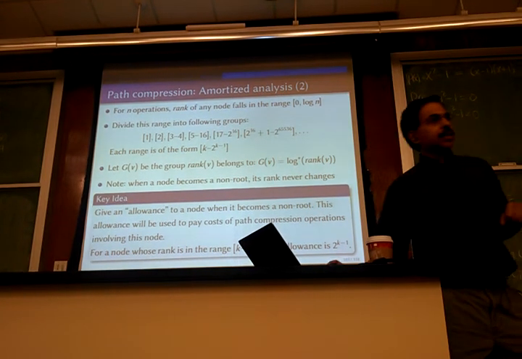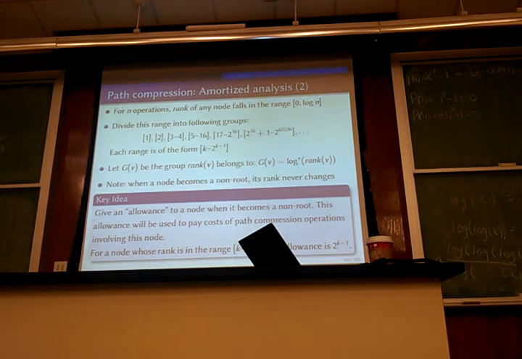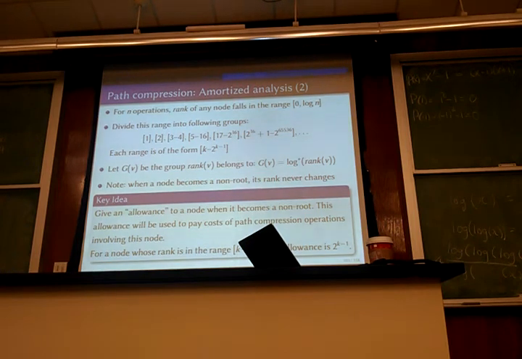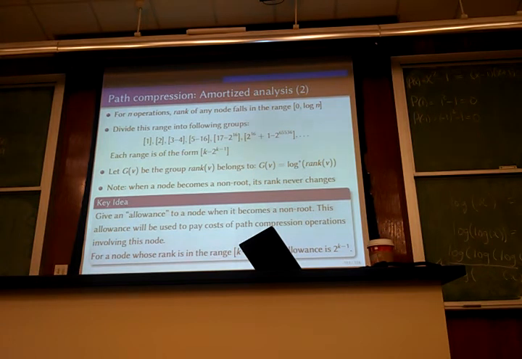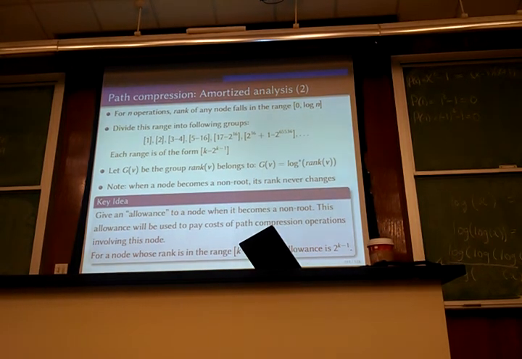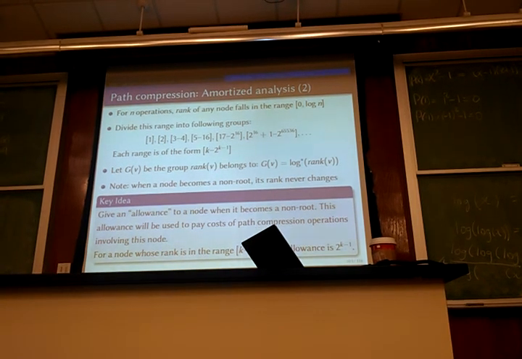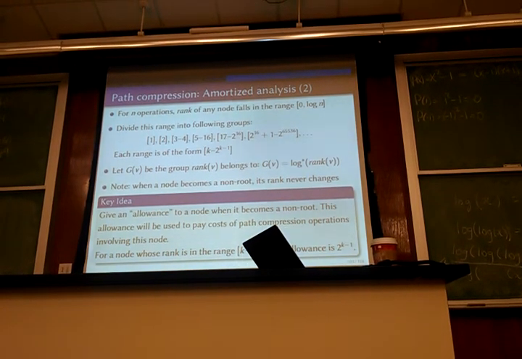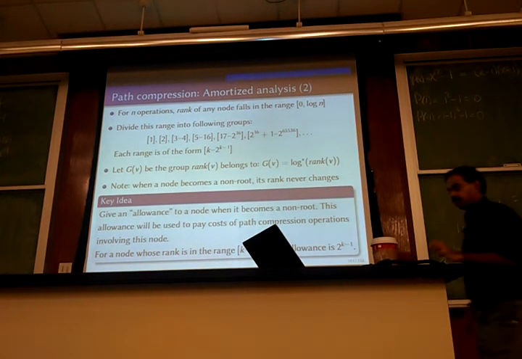Now, we need to do two things. One is we need to count up the allowances that we give to various nodes and make sure that it is not too large. Because what are we trying to do? We are trying to show a total cost of something like n log star n for n operations.